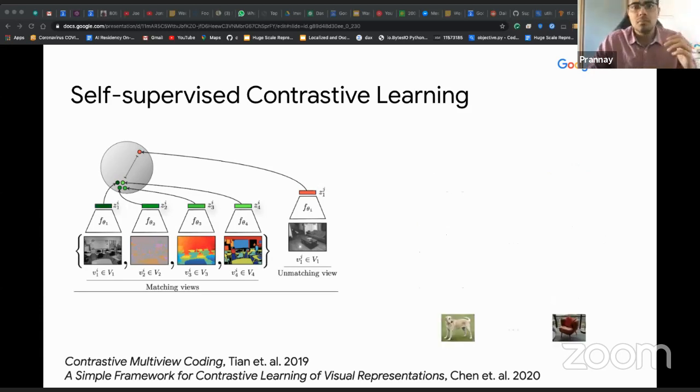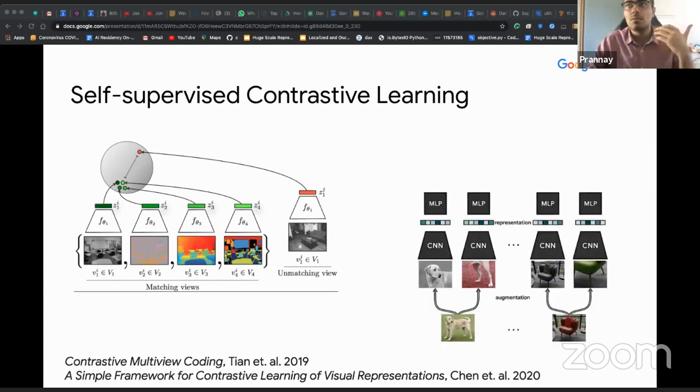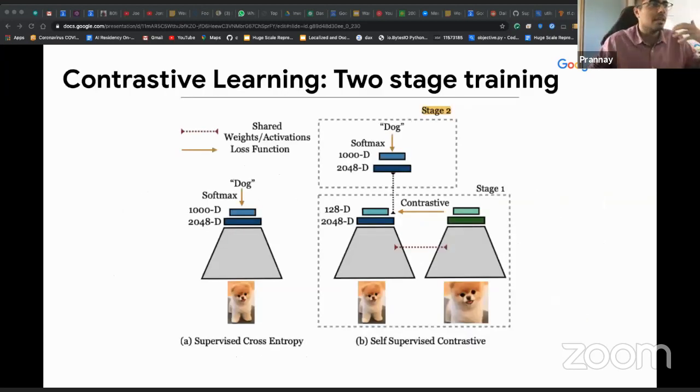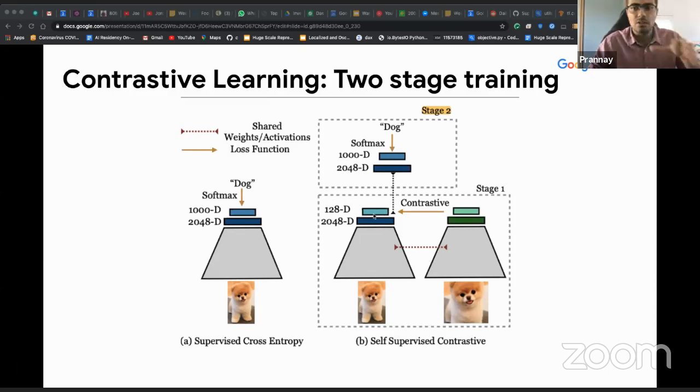So before we go into more details, I just want to talk about how these techniques usually work. The aim here is that the downstream task that you evaluate on is still top one accuracy in labeling samples. So the way you do it is that you have a first stage where you actually do contrastive learning, and contrastive learning losses are actually applied in a small 128 dimensional space.